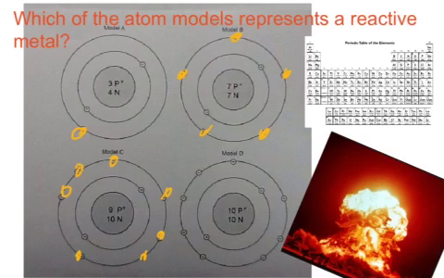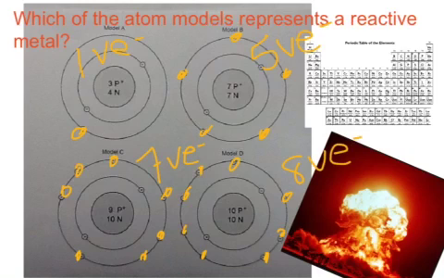And D has 1, 2, 3, 4, 5, 6, 7, 8 valence electrons. So again, model A has 1, model B has 5, model C has 7, and model D has 8 valence electrons.